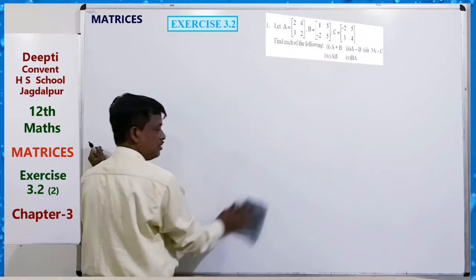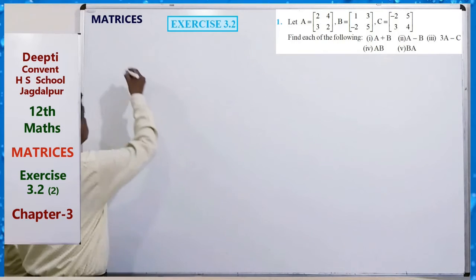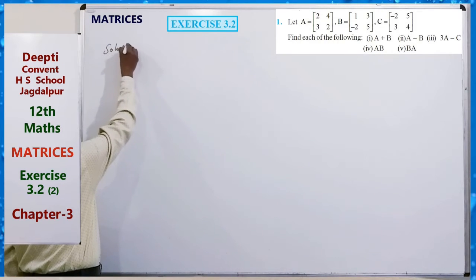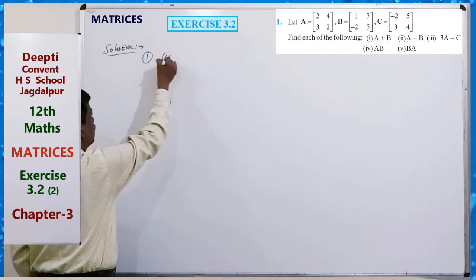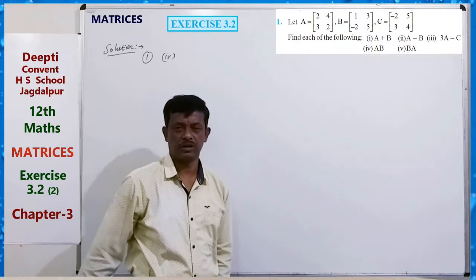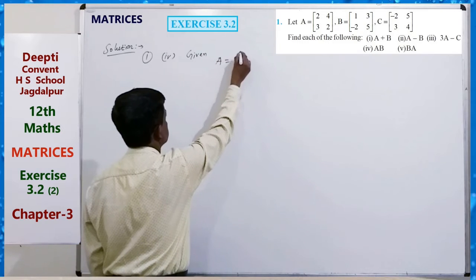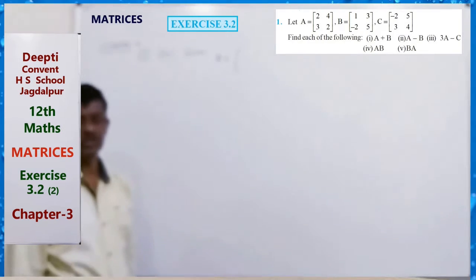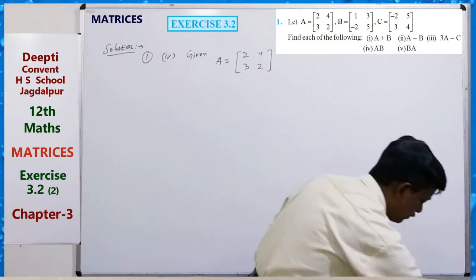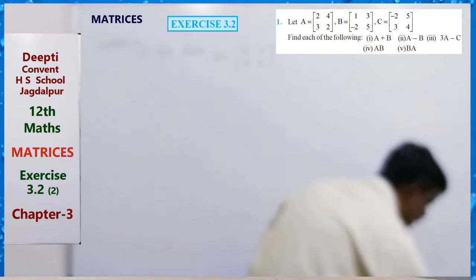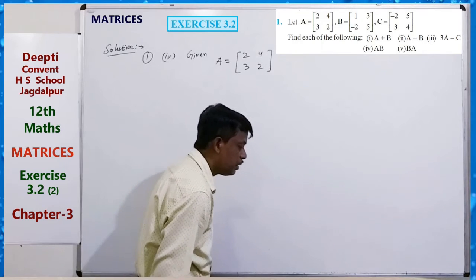Exercise 3.2, first question, fourth part. Given A is 2, 4, 3, 2, and B is 1, 3, minus 2, 5.